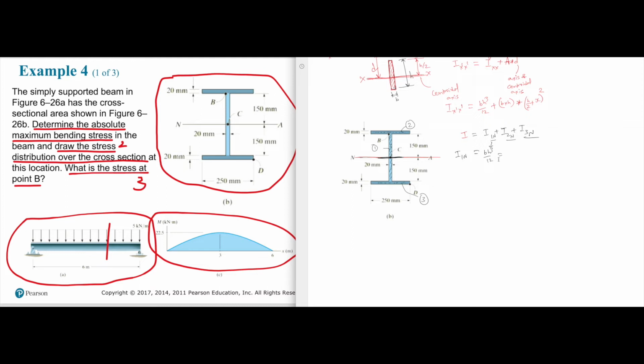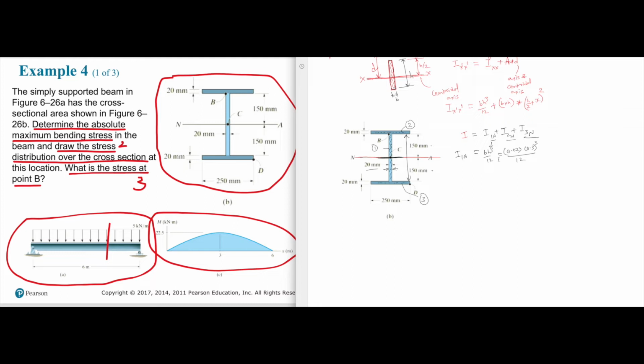Isn't that given as 20? So it is going to be 0.02 times how much is height? This is the height, and the height is 150 plus 150 is 300 mm, so it's going to be 0.3 cube, bh cube over 12. That is the moment of inertia of the first shape.